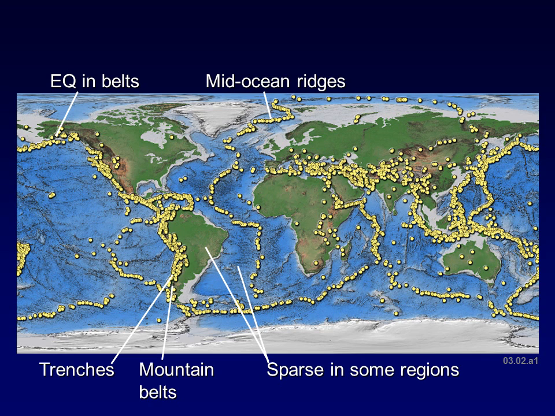Some areas are sparse in earthquakes. They occur sometimes or very rarely. So again, it's not evenly distributed across everywhere. Some areas are more prone than others.